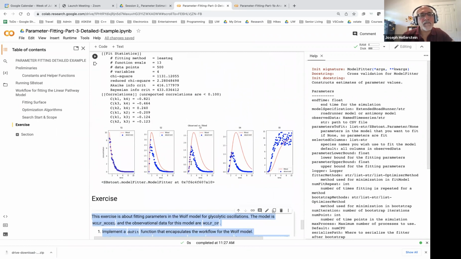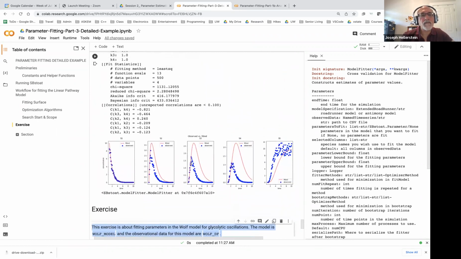Here's an example where I'm not going to focus on what the input was, just the output. Here's an example where some choices made in setting the parameters didn't work so well. You can see the fitted line works well for S1, less well for S2, and gets worse and worse as we go along.